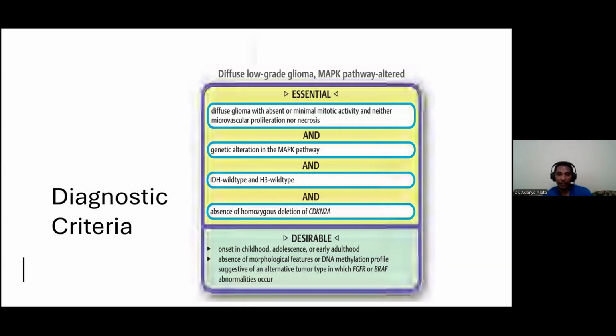Desirable are onset in childhood, adolescence, or early adulthood, and absence of morphological features or a DNA methylation profile suggesting an alternative tumor type in which FGFR or BRAF abnormalities occur.